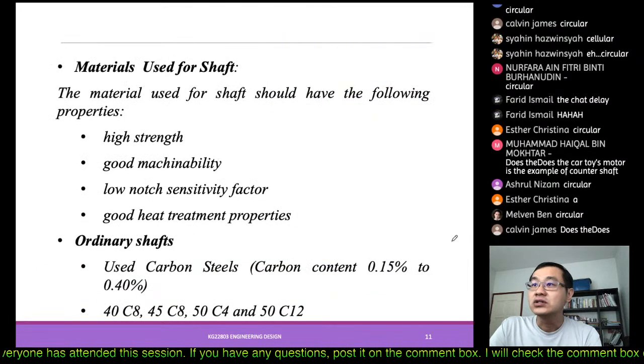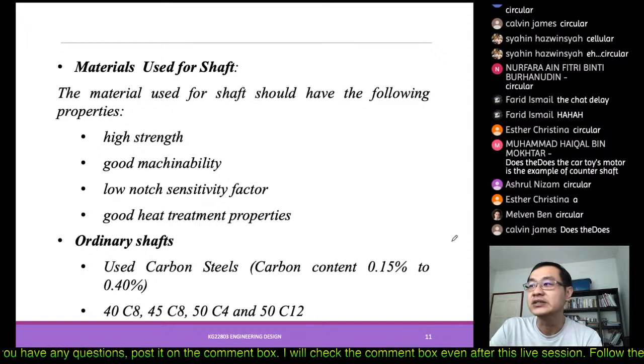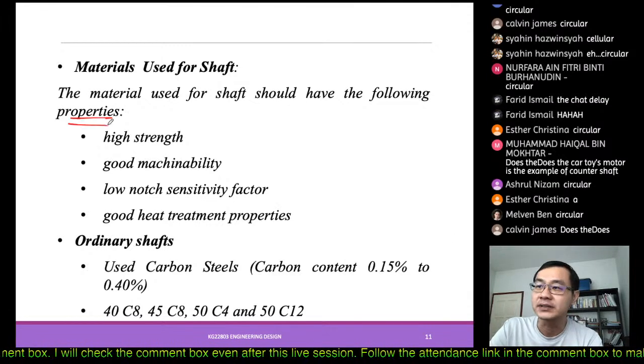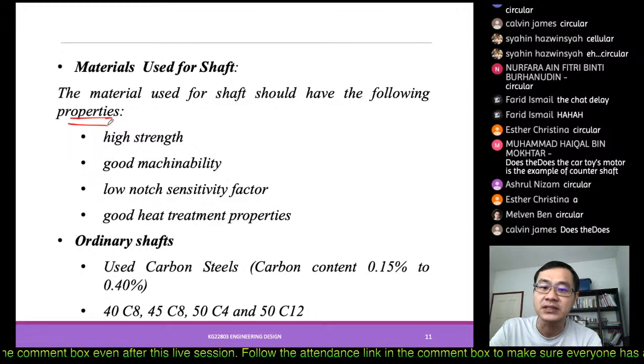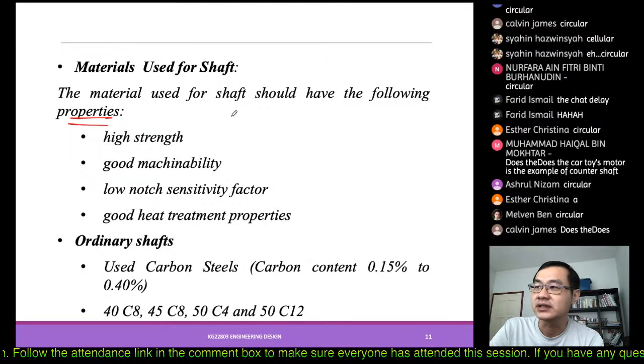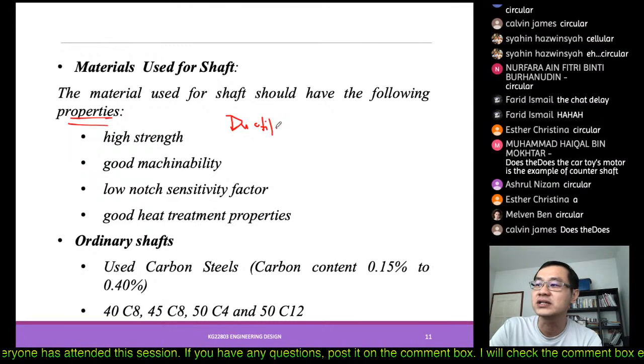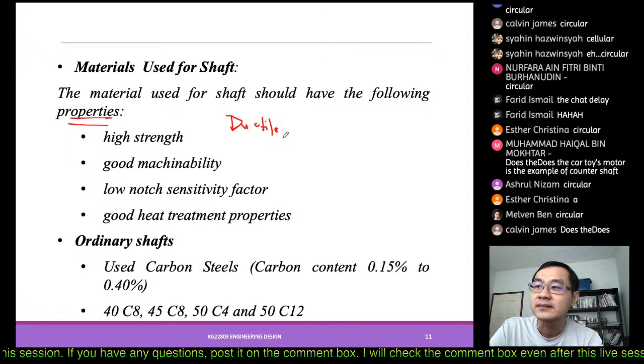So for the type of material used for the shaft, usually we will select based on the material property. The property is important, but generally we will use ductile material. Ductile material means we are using steel, right? Various types of steel. We don't use brittle material, right?